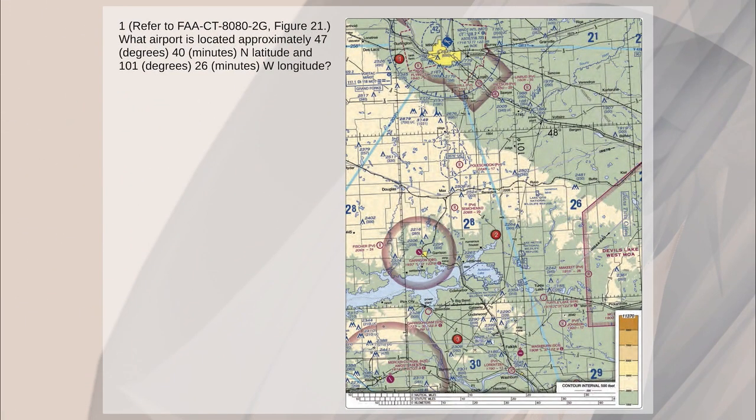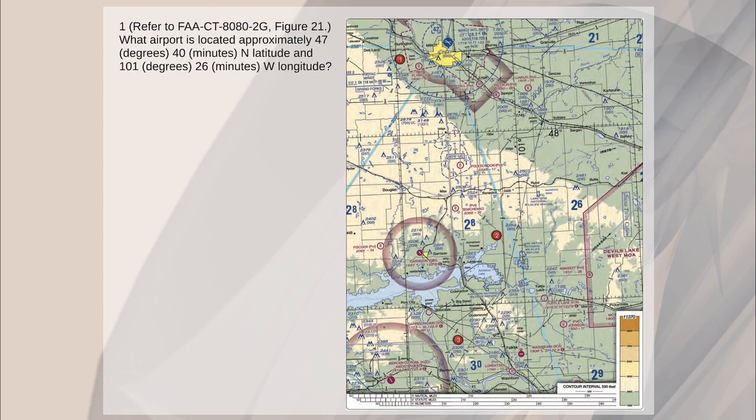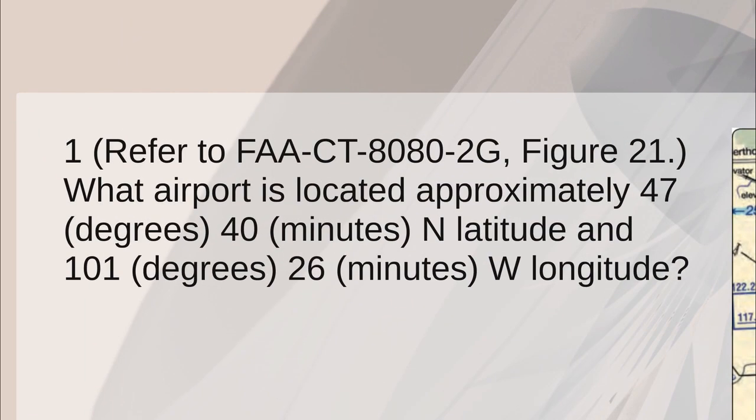So let me introduce you to the type of question that you might see on the test. For instance, here it says, what airport is located approximately 47 degrees 40 minutes north latitude and 101 degrees 26 minutes west longitude? And above that, they're talking about going into this particular manual, this figures guide, which you have in the back of your textbook.